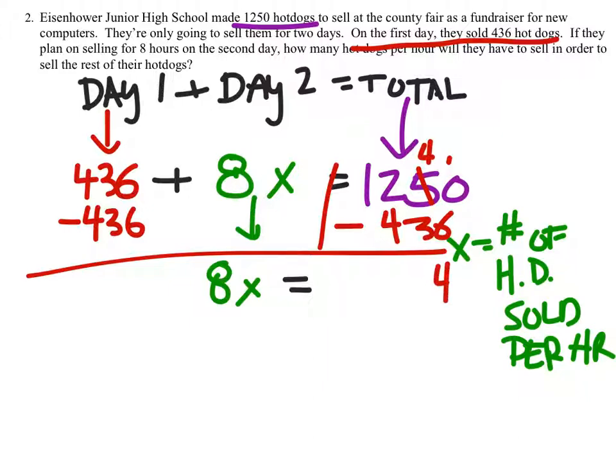It's a 4, a 1, and an 8, 814. So, in context, this is just showing now what we need for day 2. And by subtracting the 436 hot dogs from the total, we now know how many hot dogs must be sold in day 2. Now, if they're selling them at 8 hot dogs every hour, well, what would we do now?